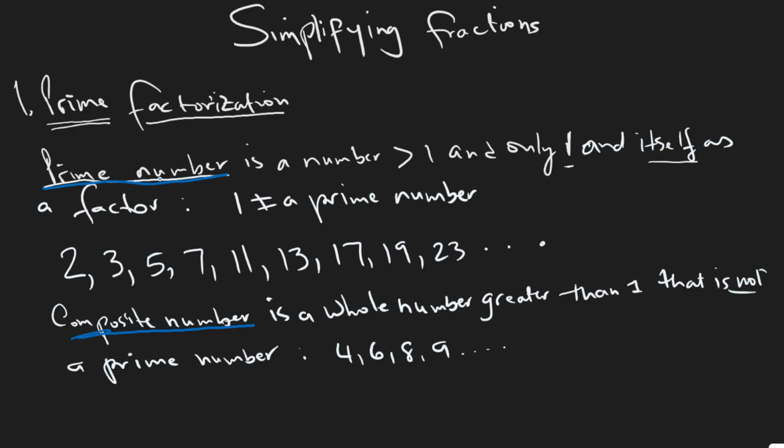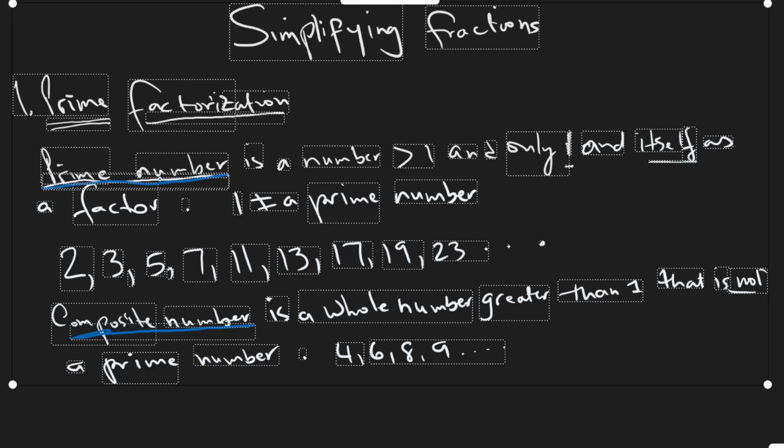So let's do some prime factorization now. Let's say that we get this number, 50. Let's find the prime factorization of 50, and I'm going to write it here: prime factorization.